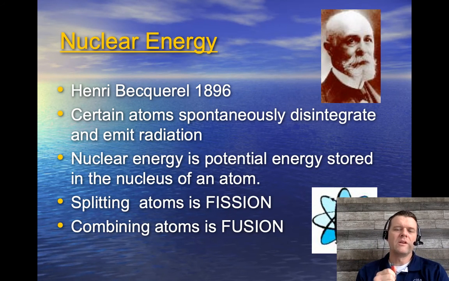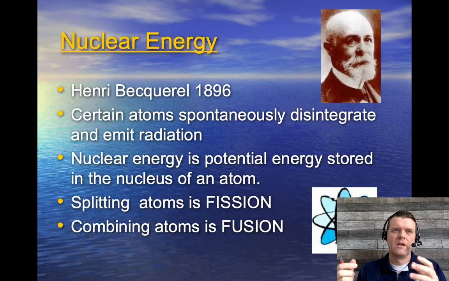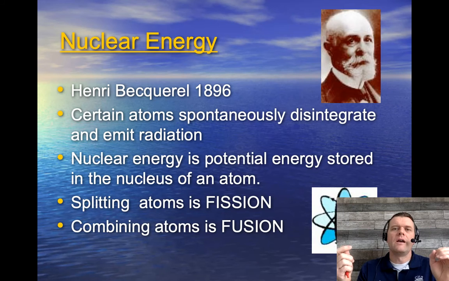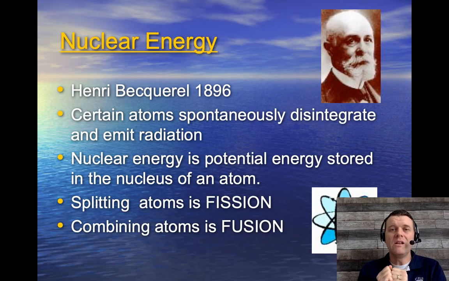The other type, though, is fusion, and that's combining atoms. Usually it's small atoms, like hydrogen, which is the smallest atom out there. That's actually what stars do: they take hydrogen, and gravity helps in the process, but it fuses hydrogen atoms together, and then they make helium.